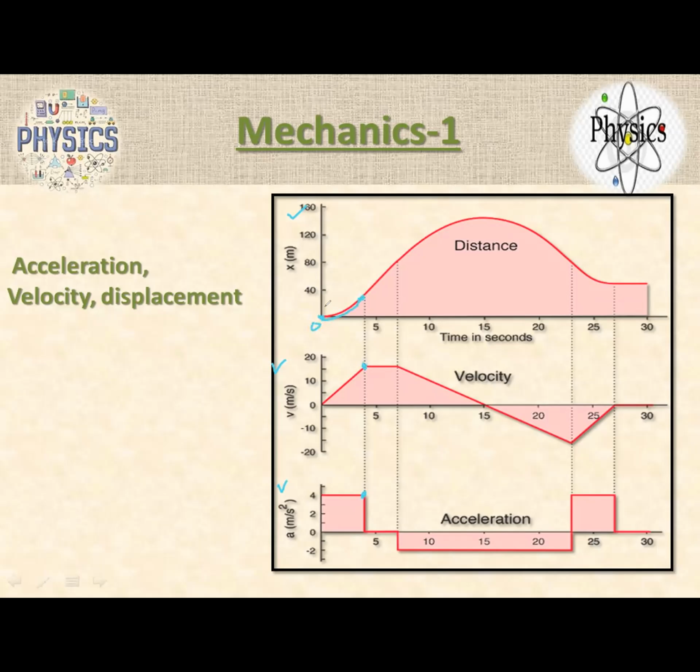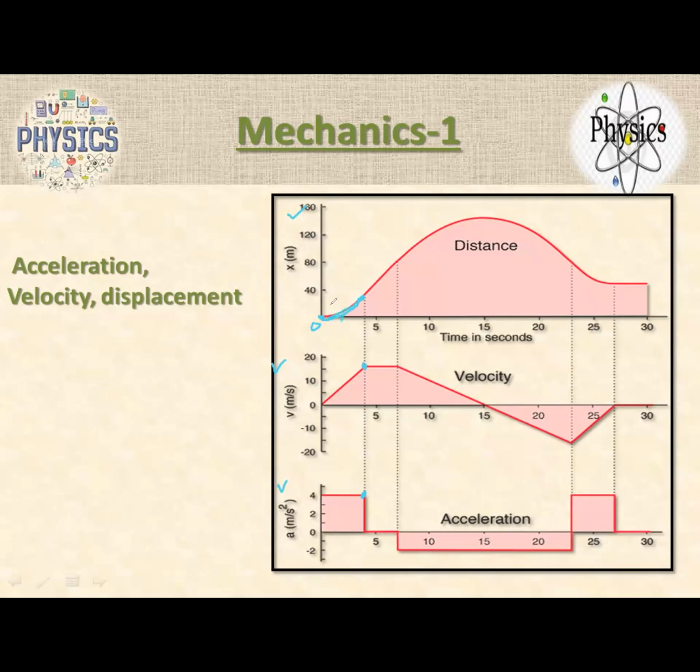So displacement is changing with respect to time, right? How is it changing? Is it uniformly changing? No, sir. There is no uniform way. Here the slope is less, here the slope is increasing. Easily you can catch it. This is very simple.